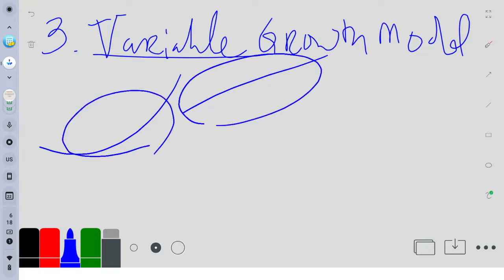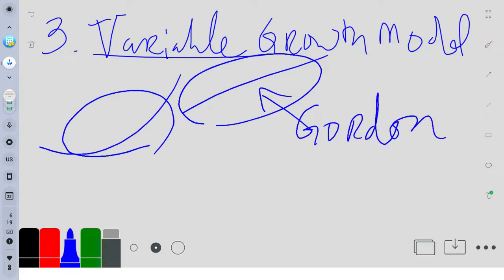So as long as we can identify two growth phases, we have to use the variable growth model. And of course, when the growth is relatively steady, we use the Gordon growth model, right? And this part, we'll have to find separately. I mean, we'll have to find the present value of all those future cash flows separately.